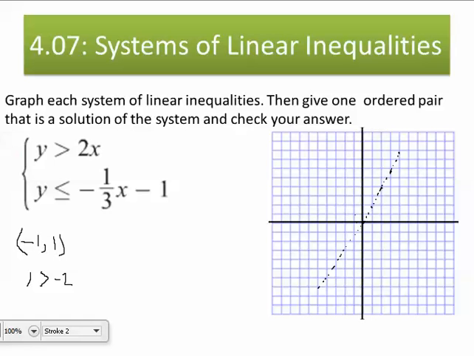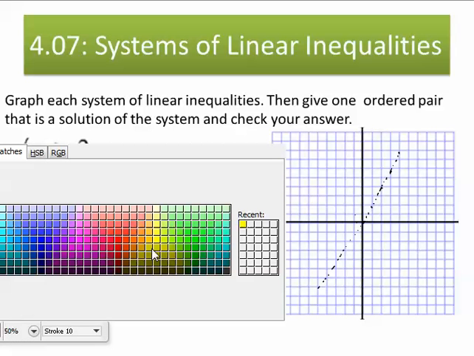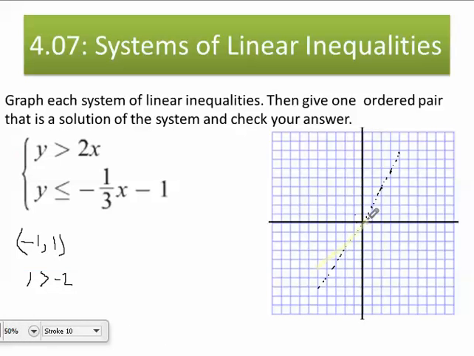Let's pick a good color to shade this one with, and we'll pick a yellow color. And so we're going to be shading on this side of the line over here. Okay? Once again, our little 2-year-old comes out in us, and we can color well.